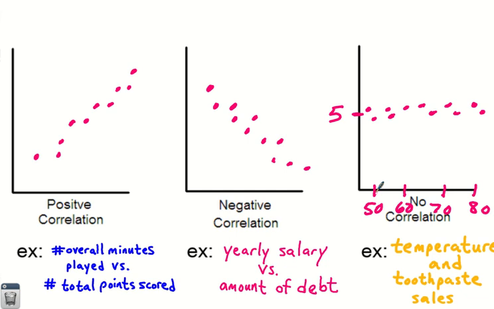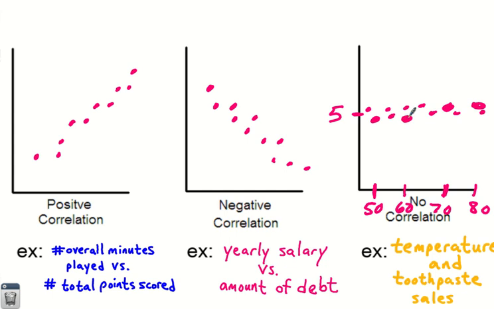I'm just freestyling this right now, but let's say on a 50-degree day, 5,000 tubes of toothpaste sold. Well, on a 70-degree day, there might also have been 5,000 tubes sold. On an 80-degree day, about 5,000 tubes. On a 60-degree day, 4,800 tubes.